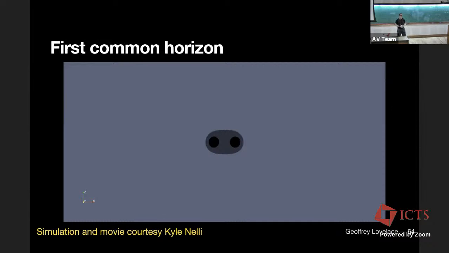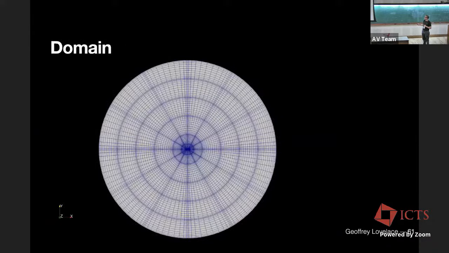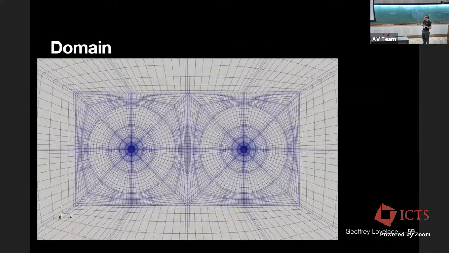Yes. Can you go back to the slide where the grid is maximally zoomed in? Coming right up. So here the grids get broader when we are going outwards, but then it suddenly gets really refined very sharply.